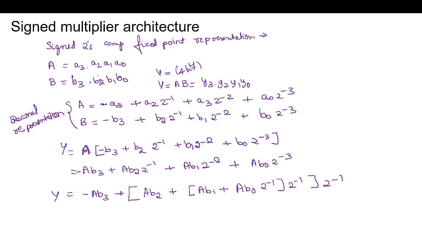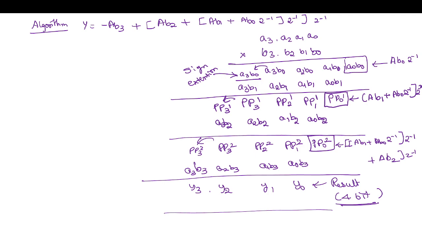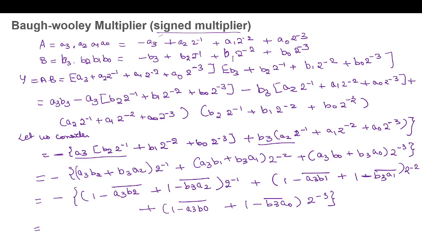So I have directly taken these values A3 dot A2 A1 A0. So here I have 1 plus 1, so it is 2 into 2 power minus 1. So all are plus terms only.